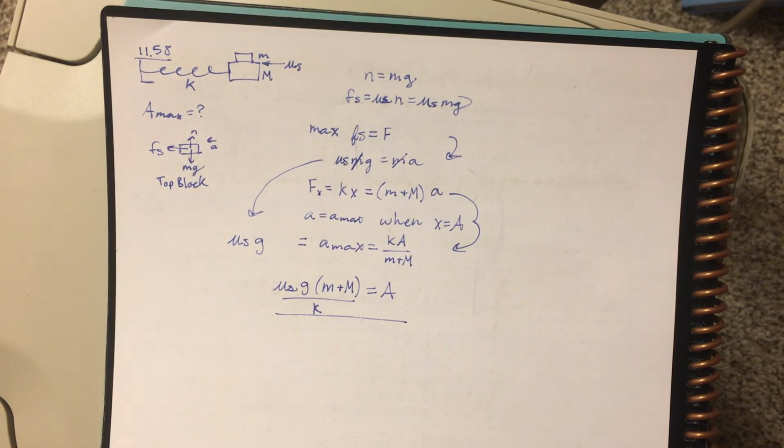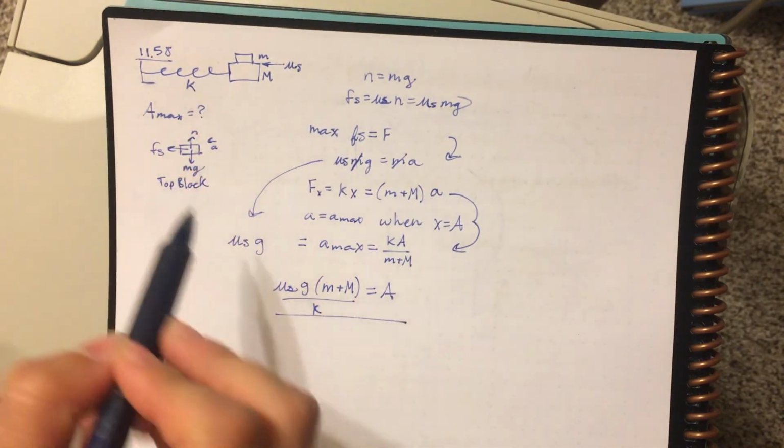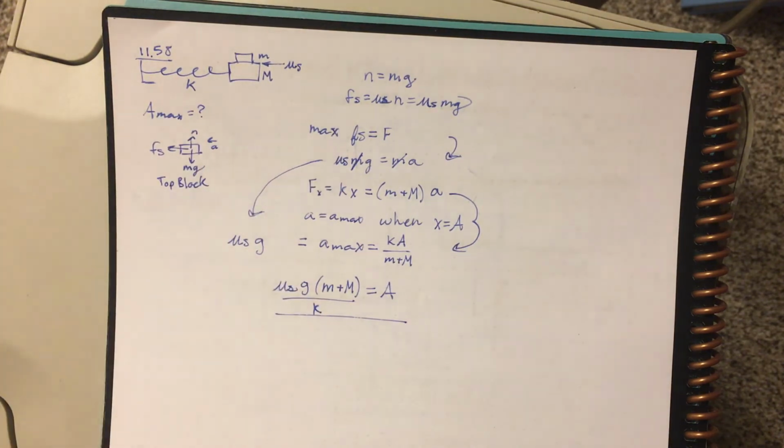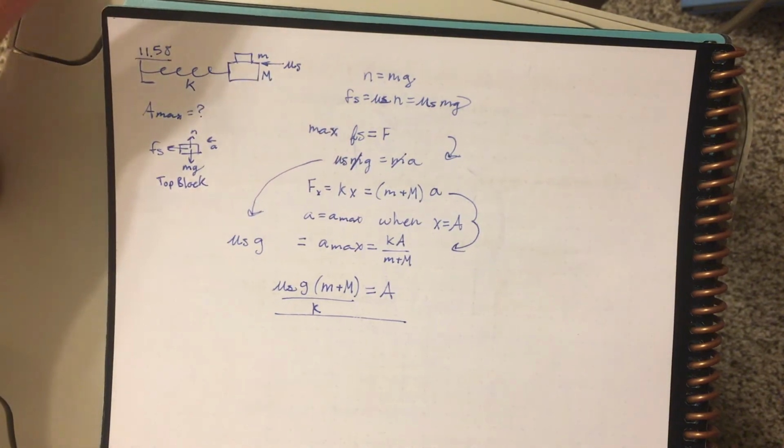A block with mass m rests on a frictionless surface and is connected to a horizontal spring of force constant K, the other end of which is attached to a wall, a lovely wall right here. Okay, this is what we've got. A second block with mass m rests atop the first block.